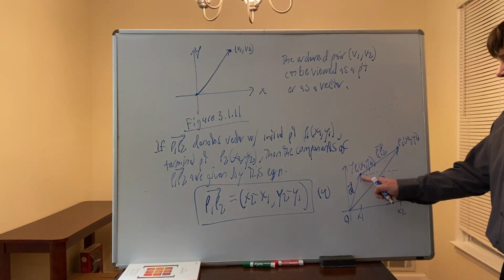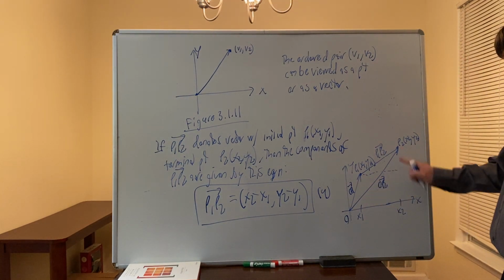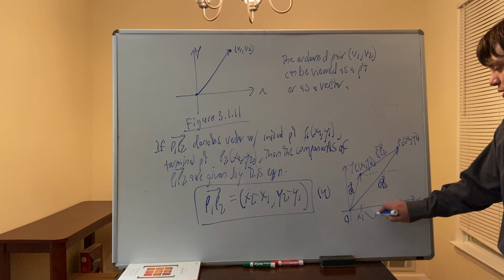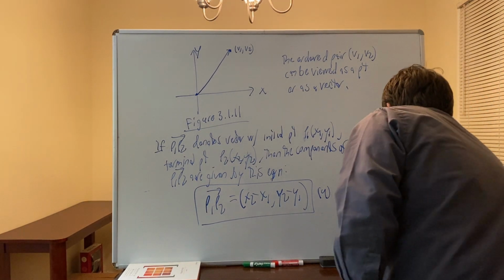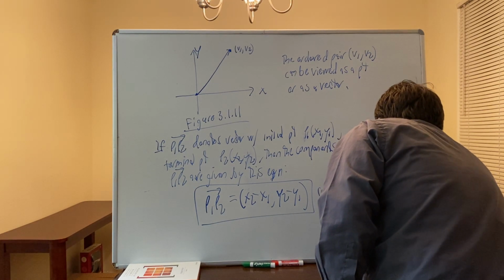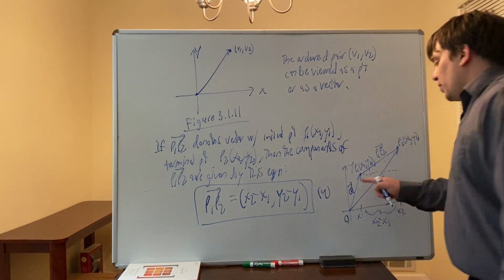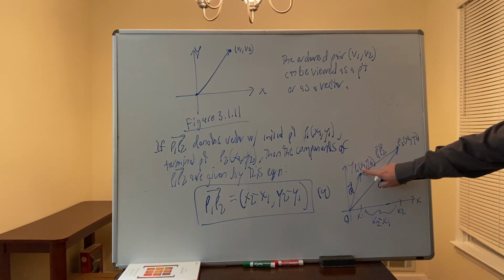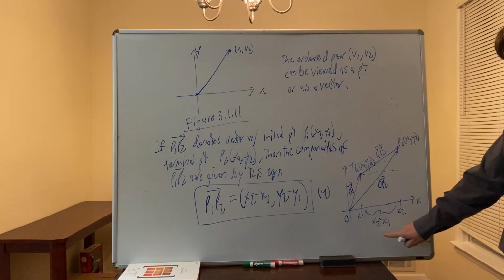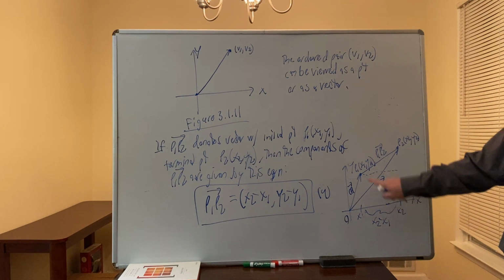So if the x component of P1 is x1 and the x component of P2 is x2, then the change in x value is x2 minus x1. We started with the first component x1 and ended up with the first component x2, so what we did was add x2 minus x1 to x1.